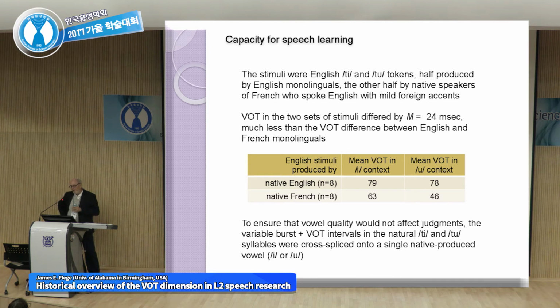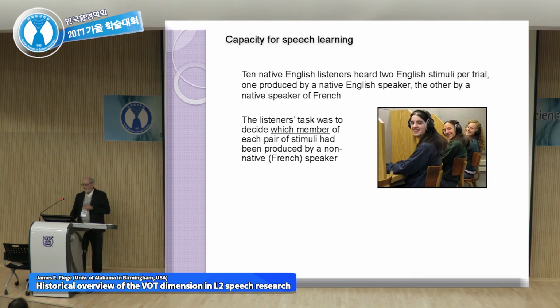The stimuli were English T and TU tokens, half produced by English monolinguals, the other half by native speakers of French who spoke English with mild foreign accents. VOT in these two sets of stimuli differed by an average of 24 milliseconds, much less than the VOT difference between English and French. To ensure that vowel quality would not affect judgments, the variable burst plus VOT intervals of the natural syllables were cross-spliced onto a single native-produced vowel.